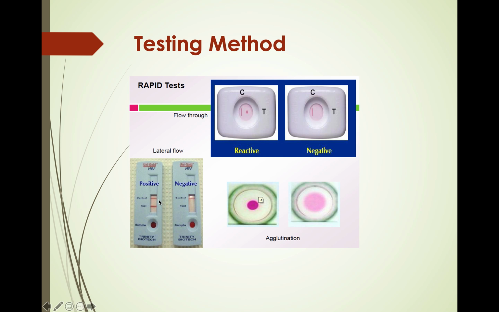As you can see, when your control appears, whether it is reactive or non-reactive, we will be accepting the test. If the control line is absent, that's the time that we discard or disregard the test results because it is invalid. So much about that in your quality assurance, instrumentation and laboratory entrepreneurship lecture.